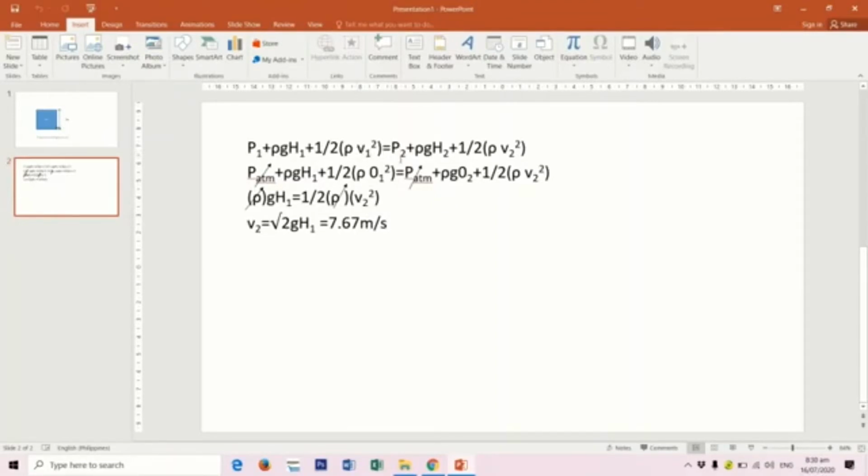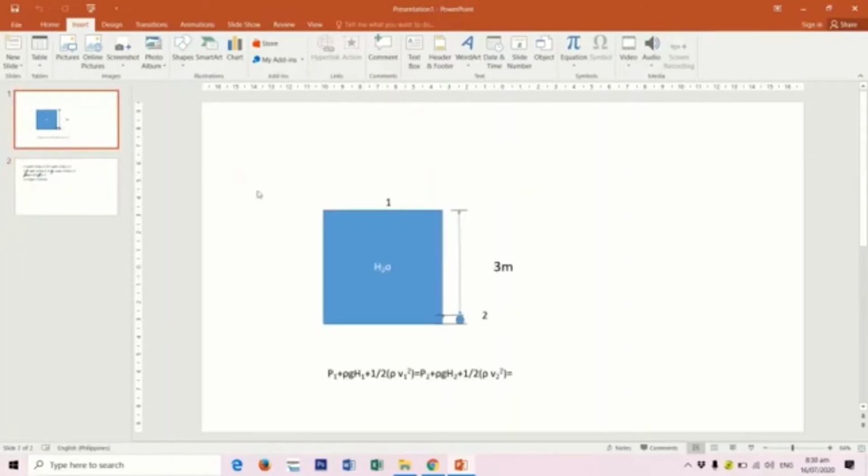Why is that so? Because we have here a tank. This tank is big and the outlet is so small. So the velocity in the tank when the water comes out of this outlet is very slow, so we should assume it as 0.